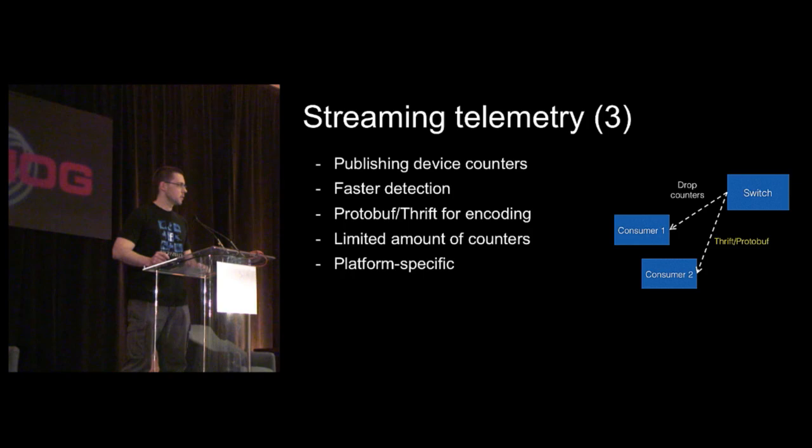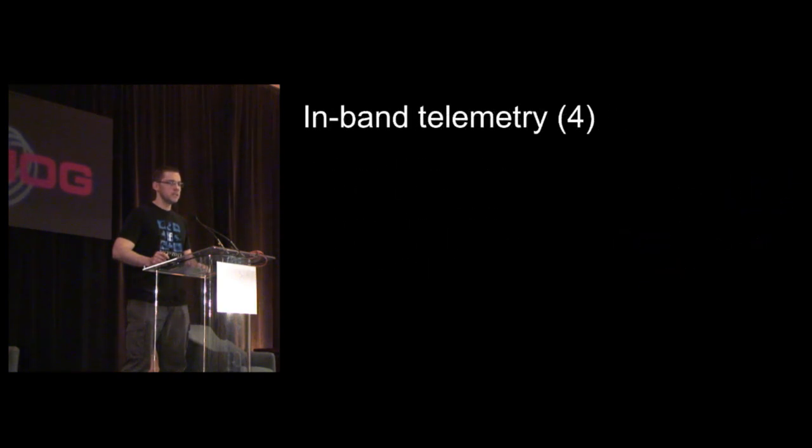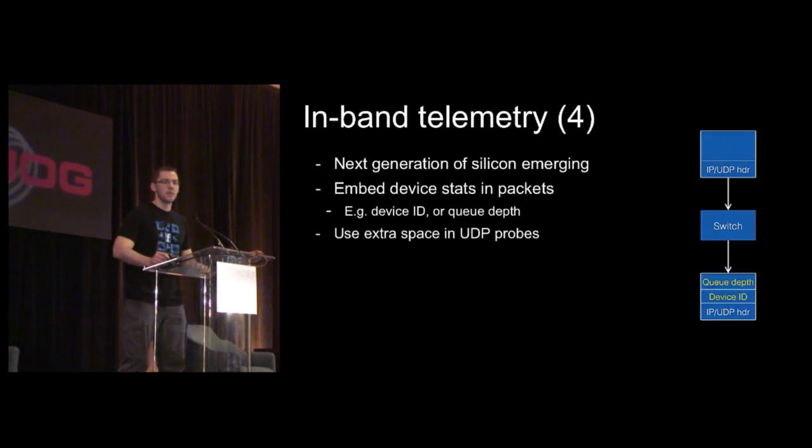counters from devices. The last and most exciting technology is in-band telemetry. Some startups work on silicon that allows you to embed device state in packets as they go through. The great part, in our case, is being able to capture a device ID or a buffer size or interface counter in a packet as it transits the network.